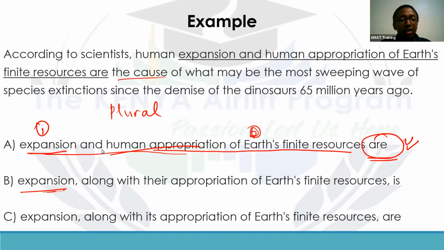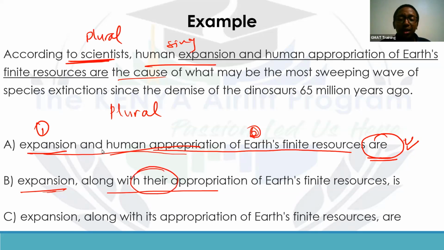So according to scientists, so this is plural. Human expansion, this is singular, along with their appropriation. So their, the only subject that can be referred back to by their is scientists. So of course we know that the sentence doesn't mean that scientists are appropriating Earth's finite resources.